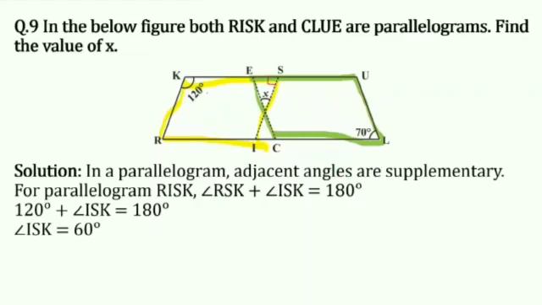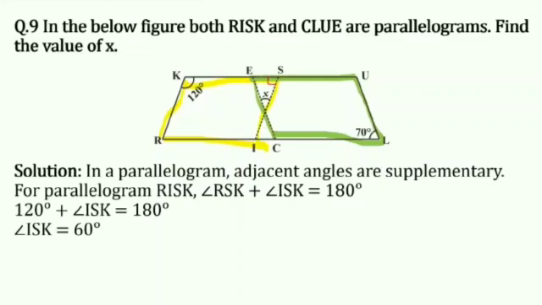And we know the property that the adjacent angles are supplementary. So the sum of adjacent angles will be 180. Now we know that this is 120. So obviously this ISK is 180 minus 120 is equal to 60 degrees. Now we are done with this RISK parallelogram.